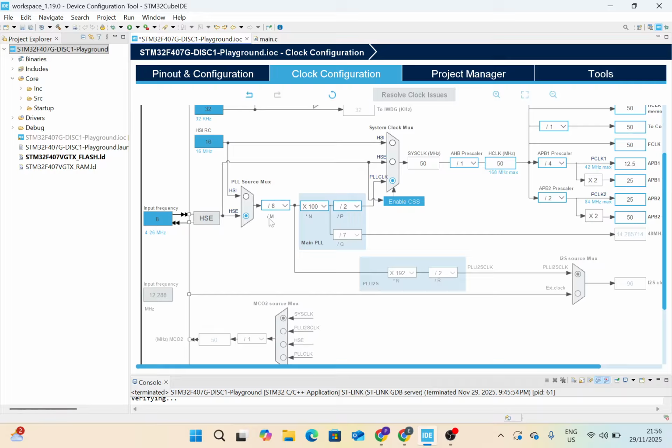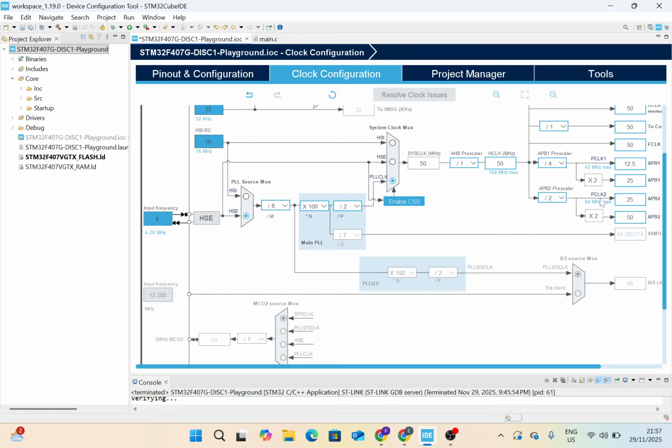There's a divider that reduces the speed that the clock enters the main PLL engine at, then this multiplier cranks it up to a very high value, and before it goes out, you have the possibility to also divide it to reduce it to a value that is fit for all the other downstream clock systems that are here.